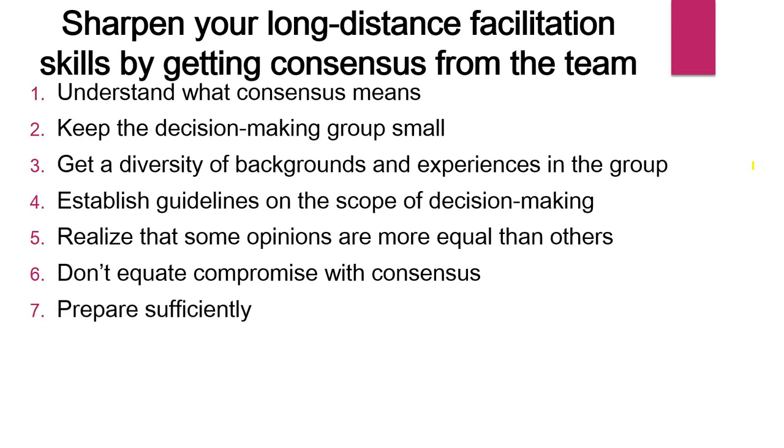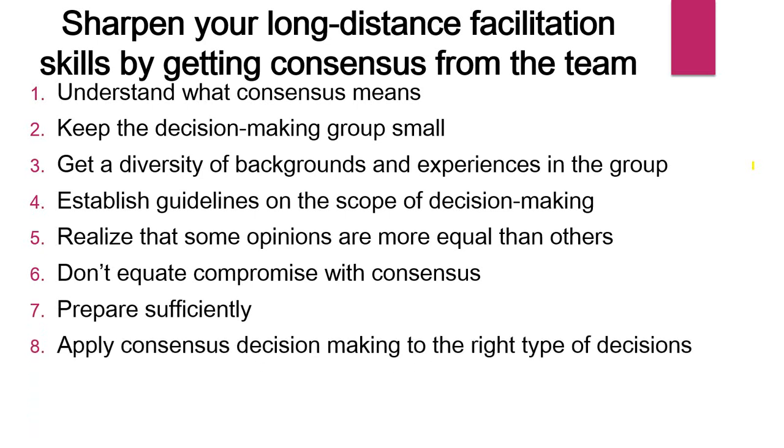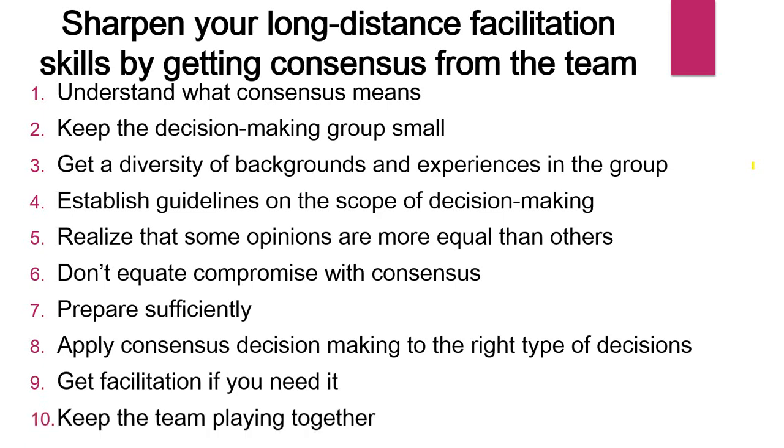Prepare sufficiently. Apply consensus decision making to the right type of decisions, and get facilitation if you need it. Keep the team playing together. These 10 points come under sharpen your long distance facilitation skill by getting consensus from the team.